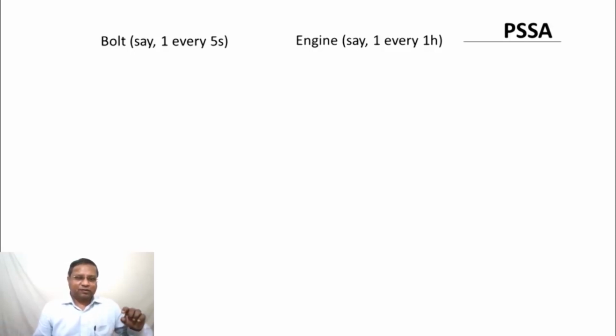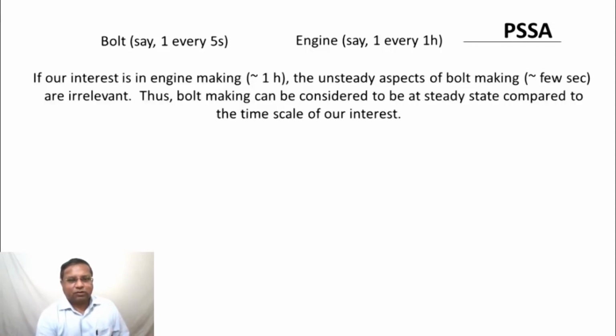We said, since this is made every 5 seconds and this is made every hour, even if it takes 7 seconds or 3 seconds or 4 seconds to make a bolt, that variation in time, the unsteady nature of this process, will not affect the nature of engine making. Because this process is very fast, this process is very slow. If we focus on the slower process, then the much faster process can be assumed to be at steady state, whether it is actually at steady state or not. That is the pseudo steady state approximation.